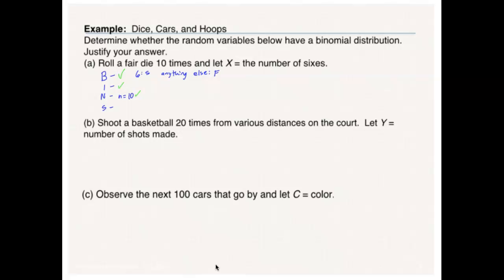Yeah, the probability of success in this case would be the probability that we roll a 6 on a fair 6-sided die. That would just be 1 out of 6. That means the probability of failure is 5 out of 6. So yes, this is a binomial random variable. B for binomial, and the parameters would be fixed number of trials, 10, comma, probability of success, 1/6.